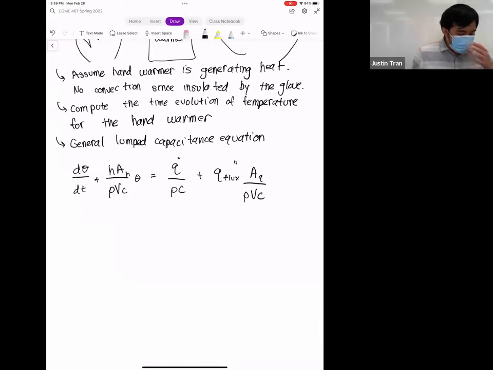All right. And so the problem has already told us that there's no convection, and so we can go ahead and get rid of this guy.